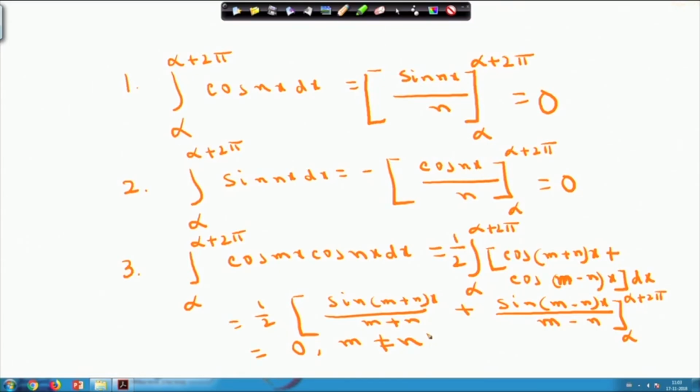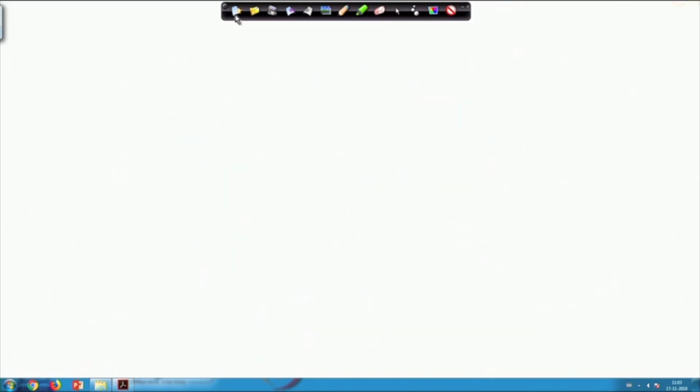The next one, number 4, is the integral from alpha to alpha plus 2 pi of cos square nx dx.